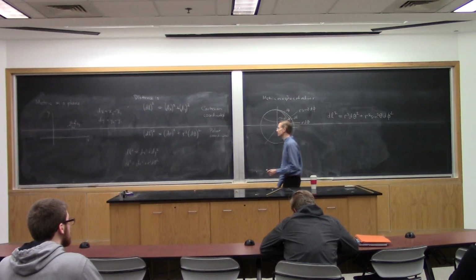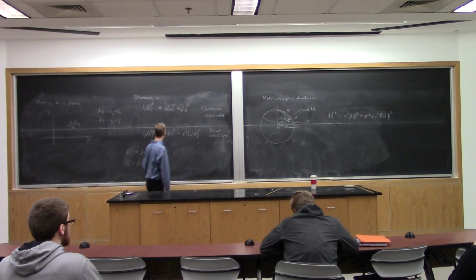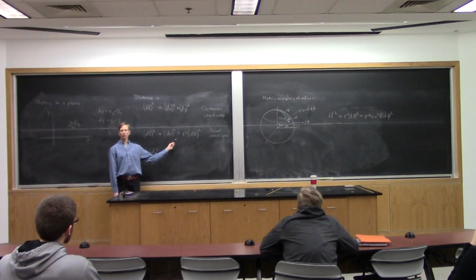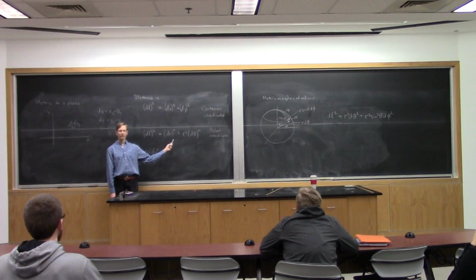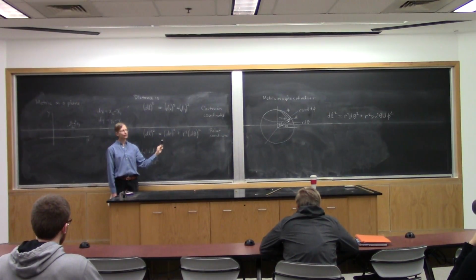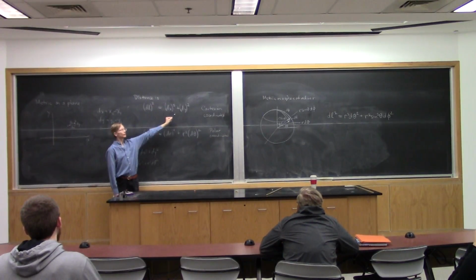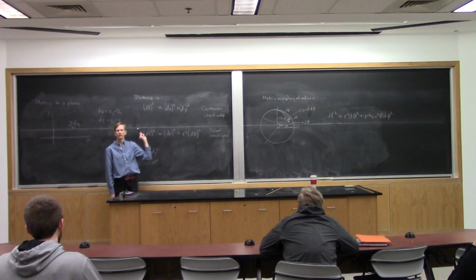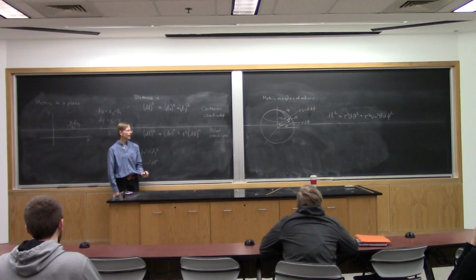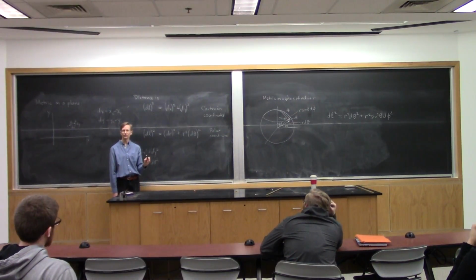So here's the thing. On a plane, we can use polar coordinates, but it's also possible to find Cartesian coordinates. In other words, it is possible to find a coordinate system where everywhere on the plane the metric takes this particularly simple form, that everywhere dl squared is just the sum of the squares of the coordinate differentials. Turns out that's impossible to do on the surface of the sphere.